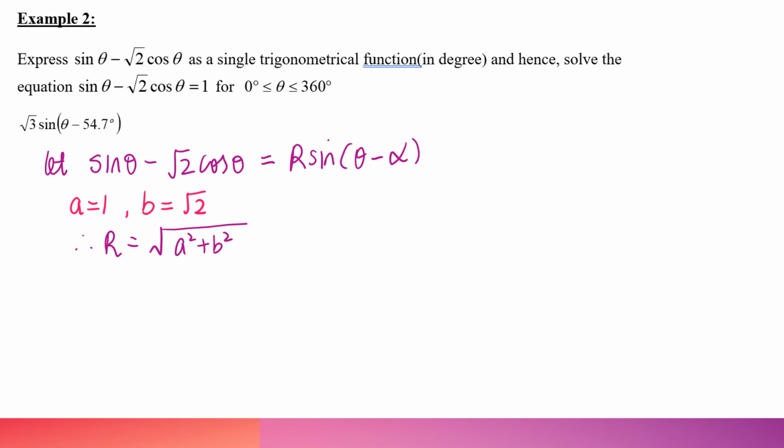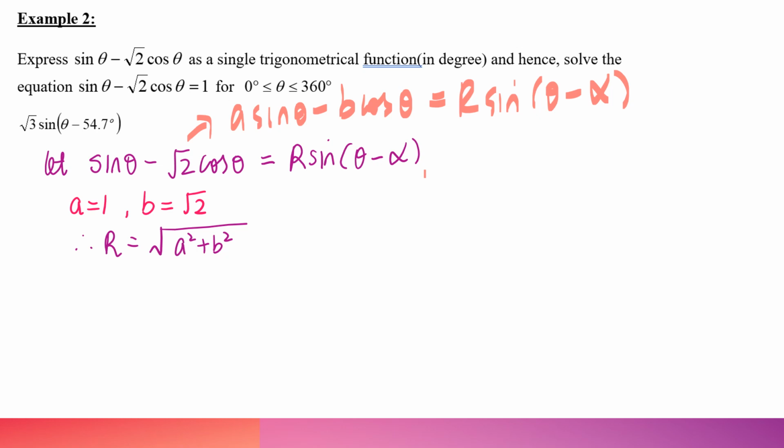So we're going to compare this with your A sine theta minus B cosine theta. Right, so from there, you can see that the values of A would be 1. And the values of B will be square root 2.